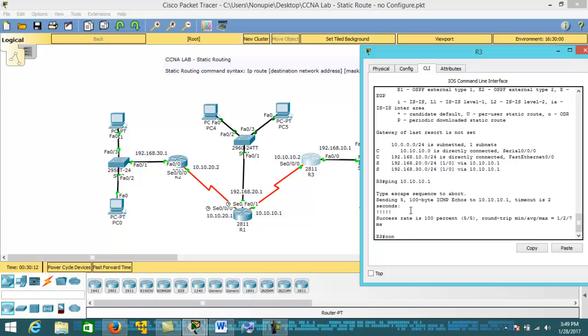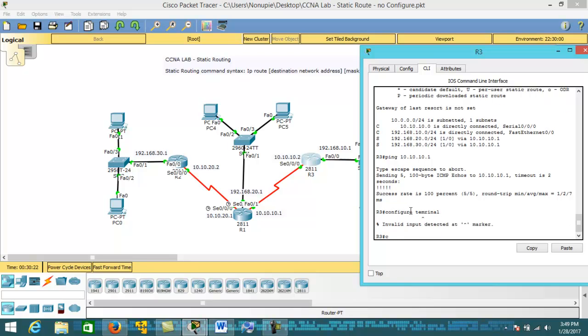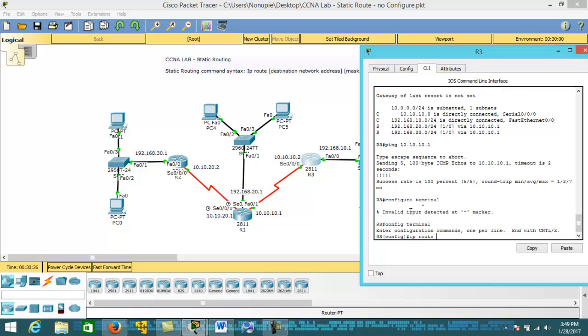Let's see. Configure. What is happening, man? My typing is really bad. Configure terminal, IP route. That is this network, the 10.10.20.0 network, and then the subnet mask.